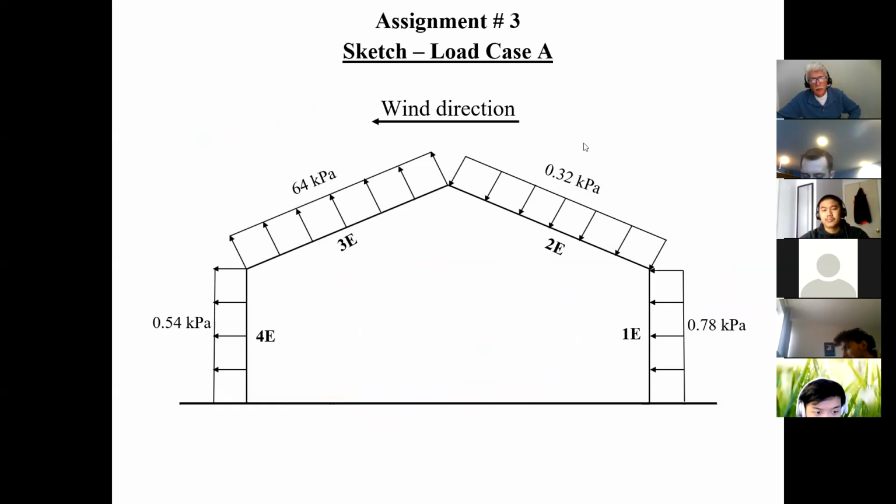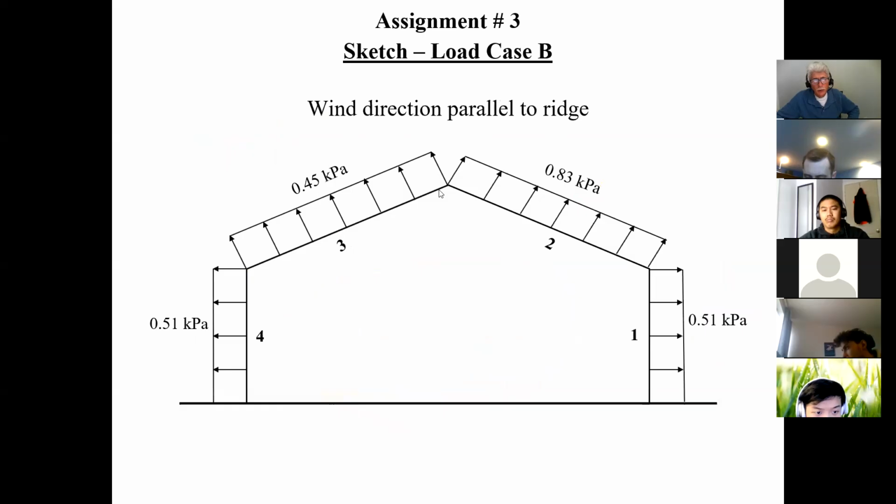So that was for the winds generally perpendicular to the ridge. Now, for parallel to the ridge, like I said, the four surfaces always have a suction when it's parallel, so all the directions should be away from the building. And on top of that, these are the numerical values.